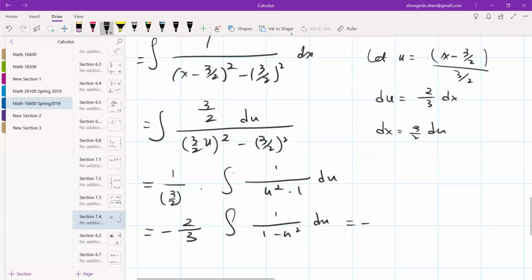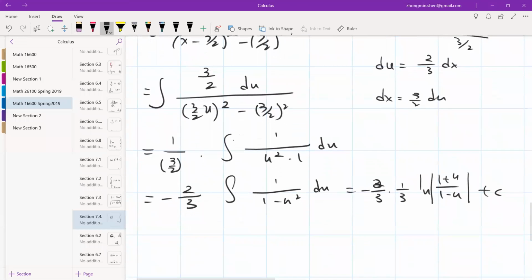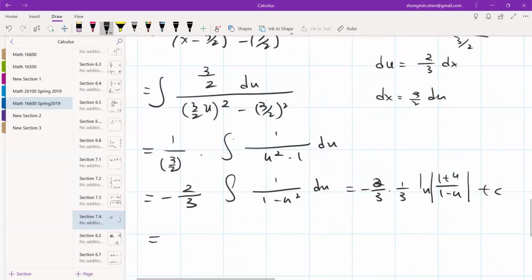So you will get this, and natural log, remember, 1 plus u over 1 minus u. If you're not sure u is large or small, you put the absolute value on it. All right, so my final answer is going to be 1/3 natural log 1 plus u.